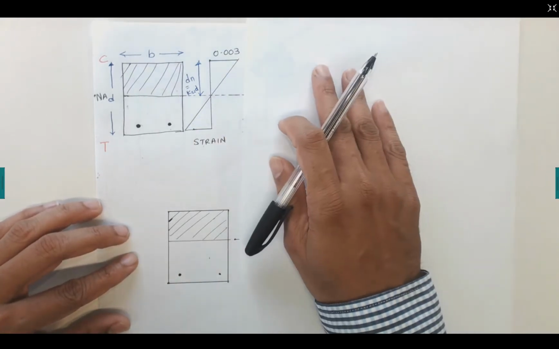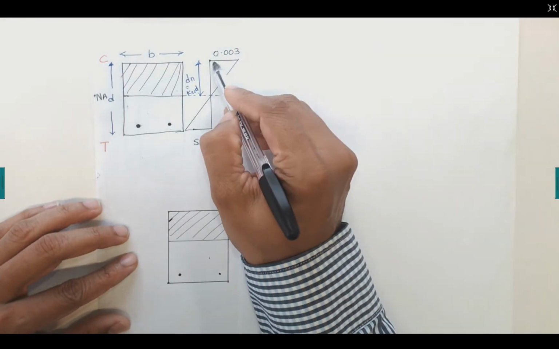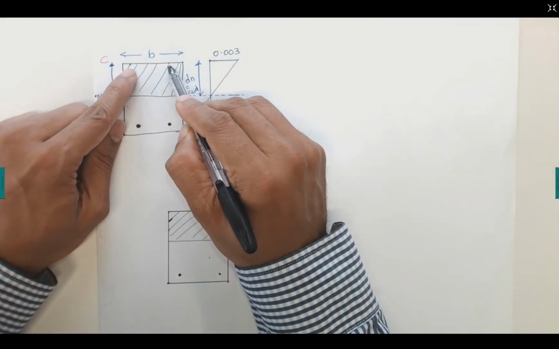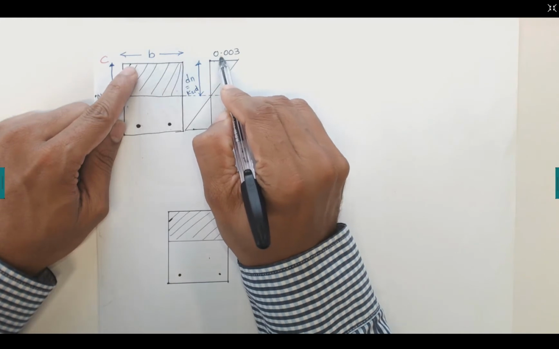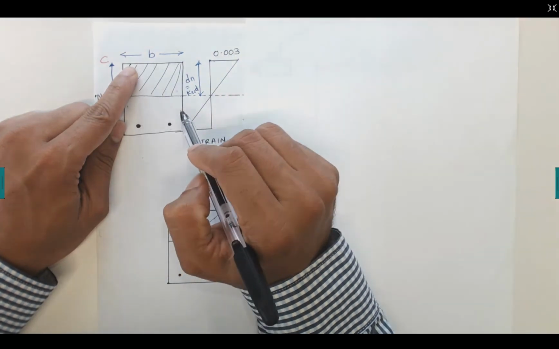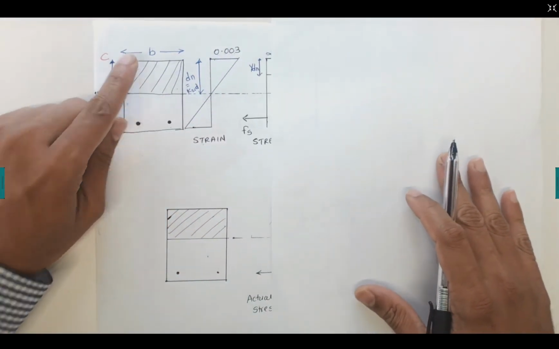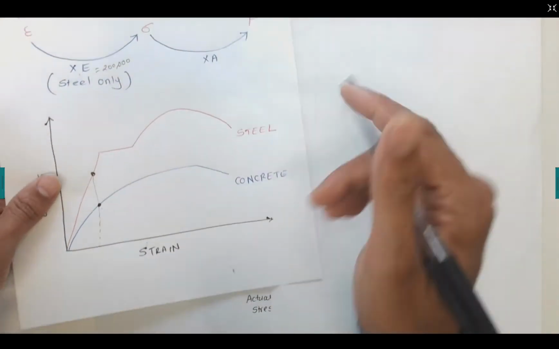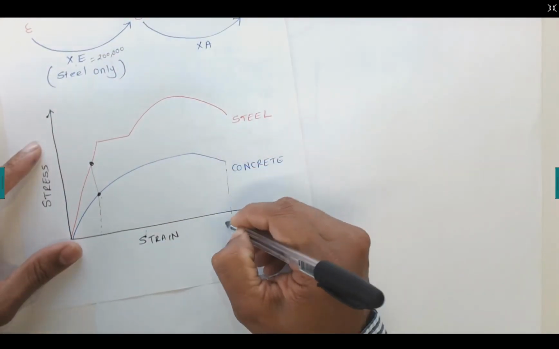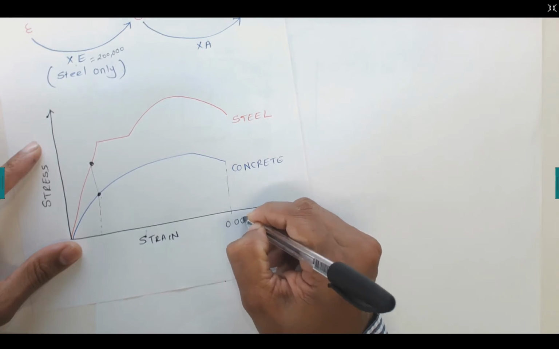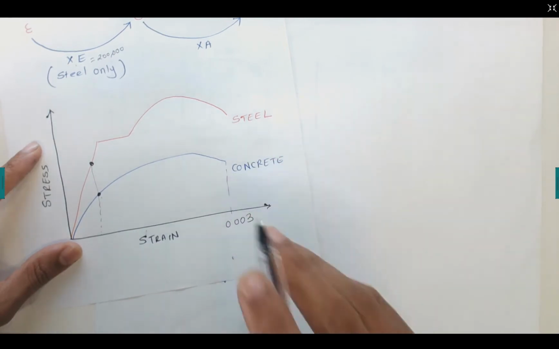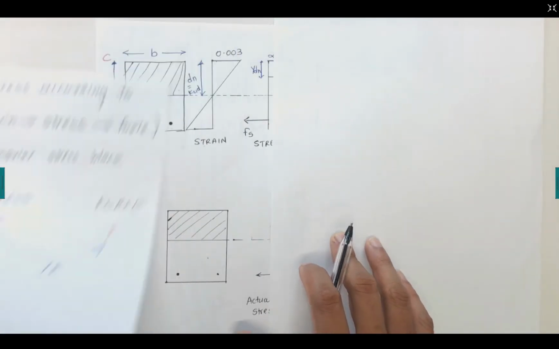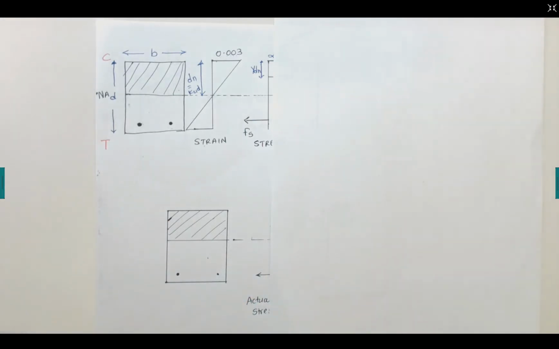Now in Australian standards, for the concrete, the top fiber of the concrete, the maximum compression strain given is 0.003. So if I show it in the diagram, the maximum value that we get is 0.003, that is for concrete strain, given in the Australian standard. Where it is given, I'm going to show you.